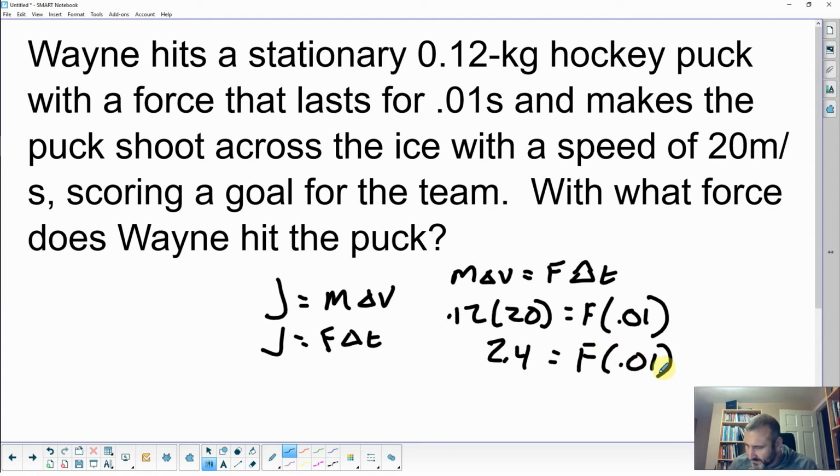We divide both sides by 0.01 and end up with a force of 240 newtons. I hope that makes sense. Sorry, I kind of screwed that up.